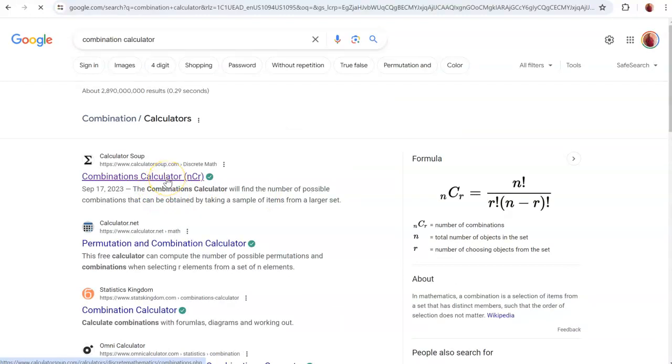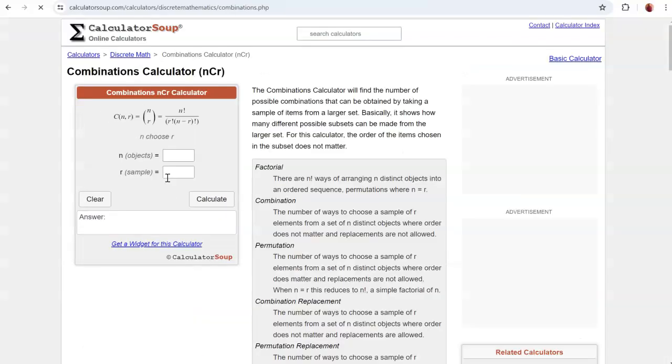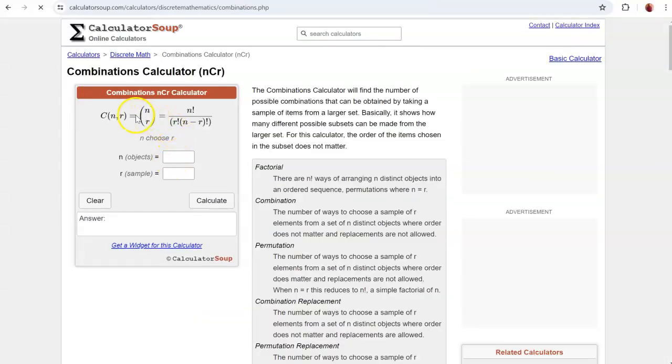And there's one called combinations calculator soup. You can use that one, but there are many that are available. And basically, it uses N and R instead of N and X. And you just type in the values for N and R, and it will calculate it for you. So this is what I'm going to use at calculator soup in this video. So I'm going to come back to it in a moment once we get to our example.